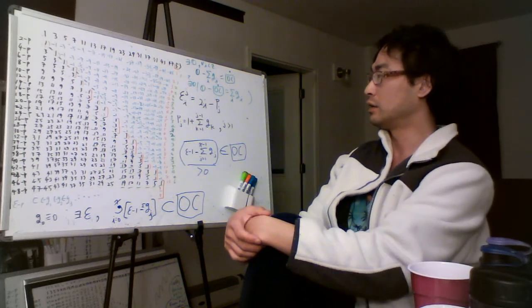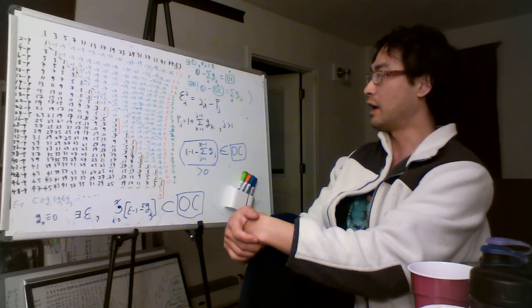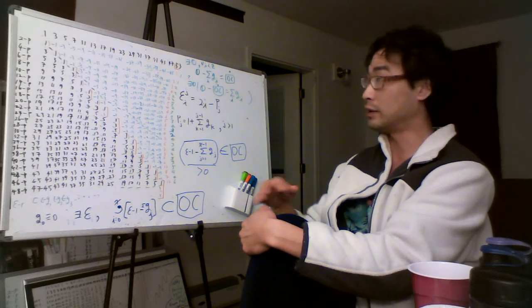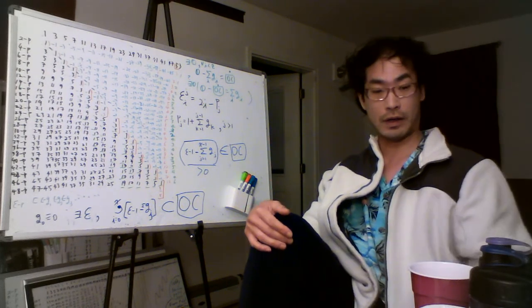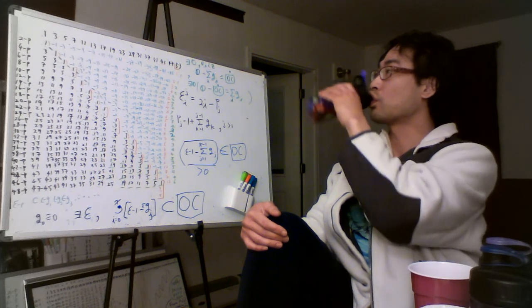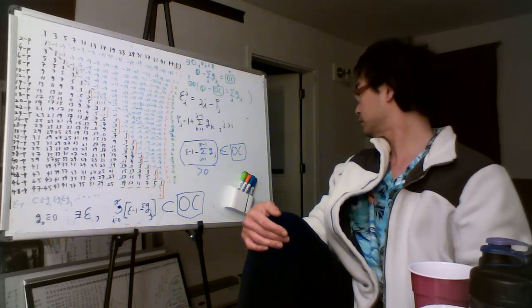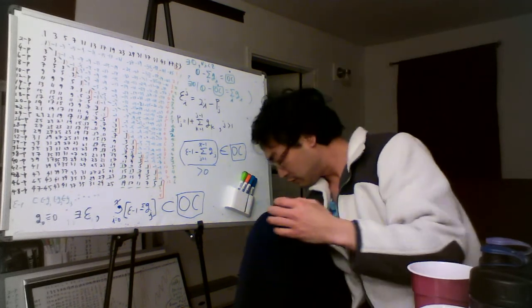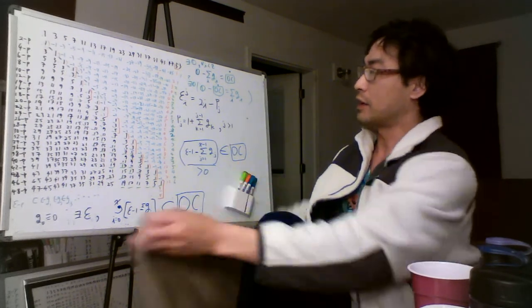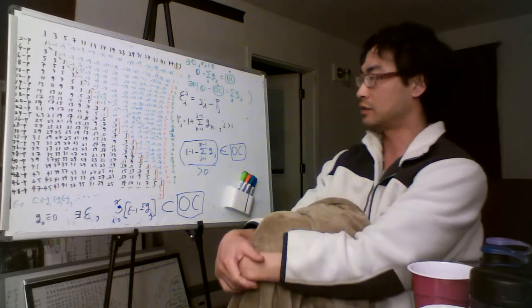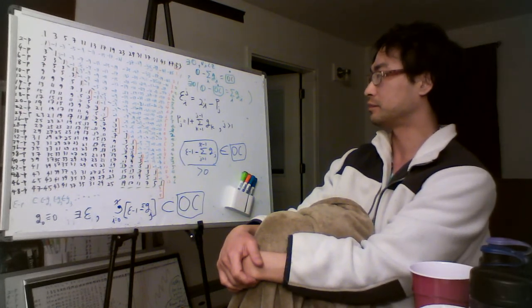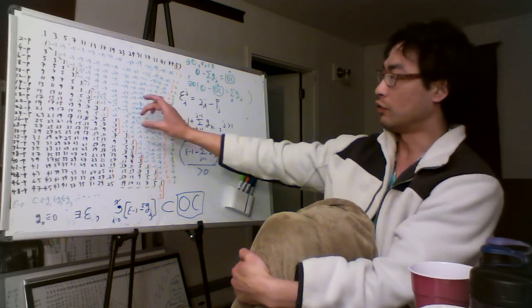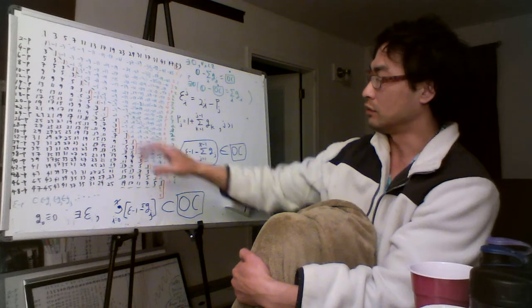As numbers get bigger, prime gaps become bigger too, right? They tend to increase, and then you'll have bigger rectangles.